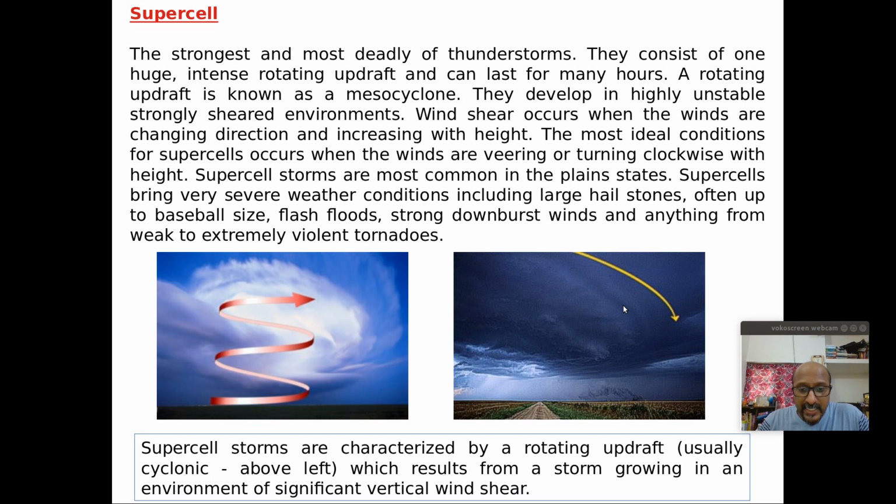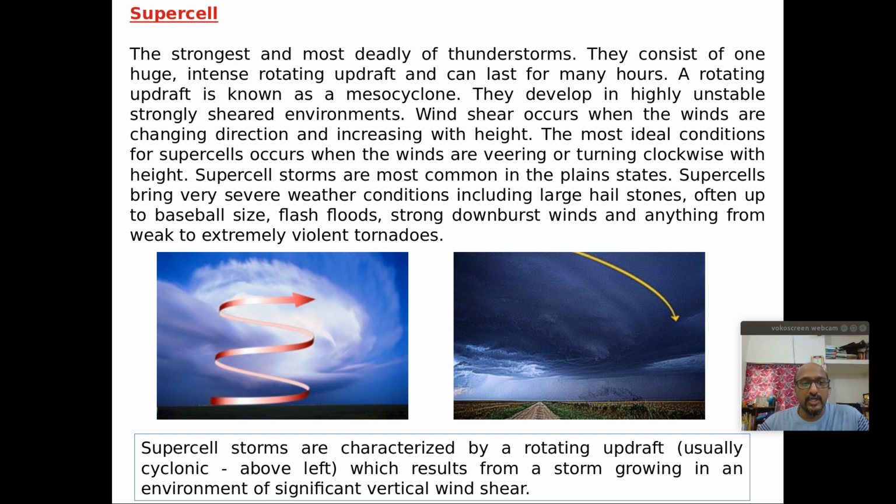The more dangerous category of thunderstorm is known as supercell storms. As the name implies, this is the strongest of the thunderstorms. It generally forms in a strongly wind-sheared environment with very high instability, a highly unstable atmosphere.